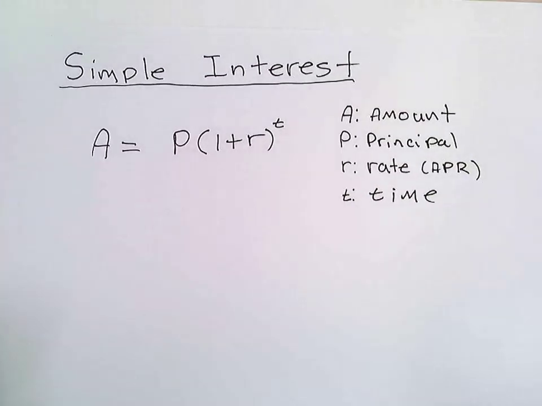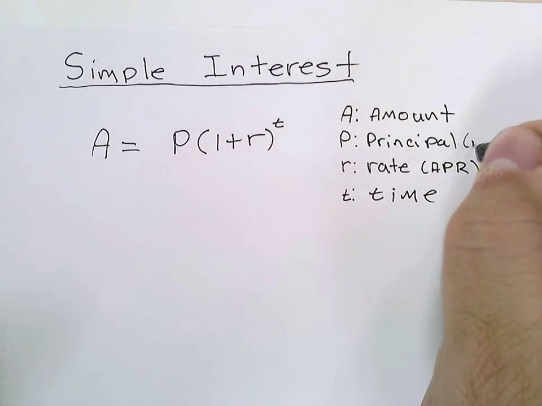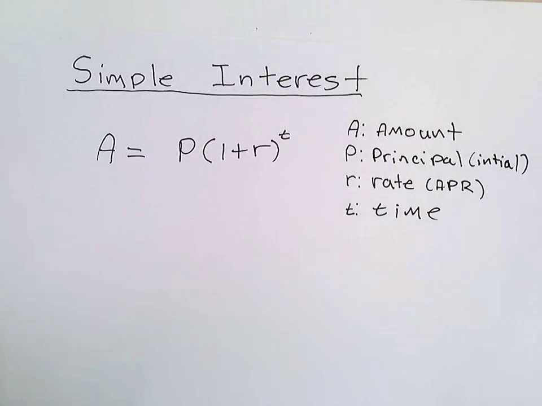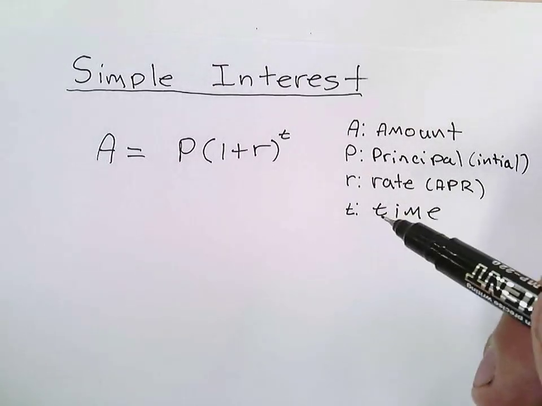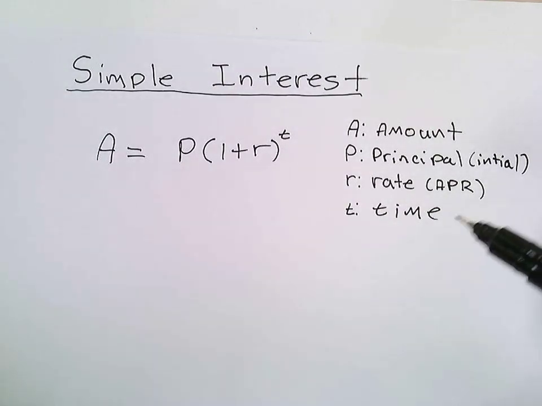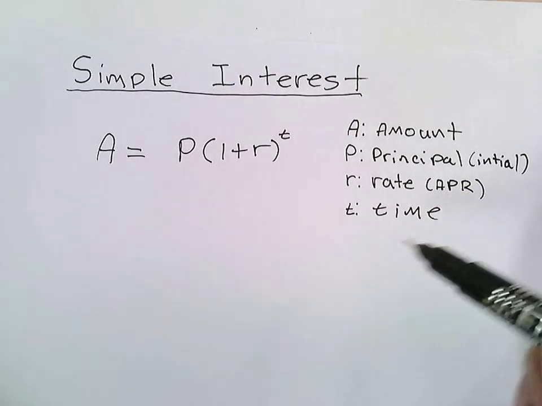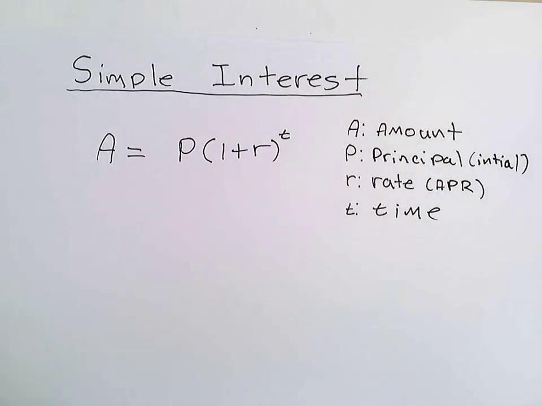Think of it as a starting amount, or a lot of times you'll hear initial amount, something we use a lot. And then r is the rate, the interest rate, or APR, which stands for annual percentage rate, and T is the time that we allotted. In the first problem we saw, the time was 6 months, right? But the time could be years, minutes, seconds, whatever.